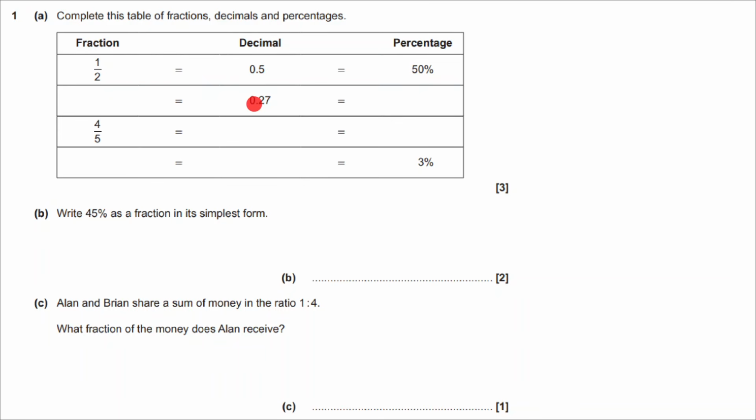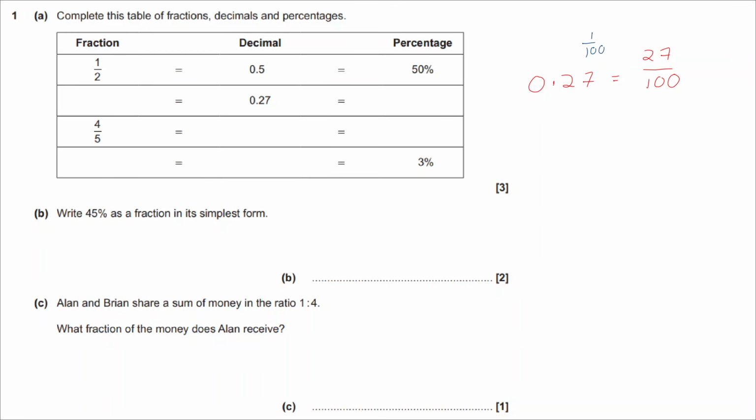Now the second one, you've been given 0.27 as a decimal. Now, 0.27 as a fraction, well, we can write it as your number, which is 27, and because the 7 is in the 100ths column, your number is going to simply be 27 out of 100, and that is it.